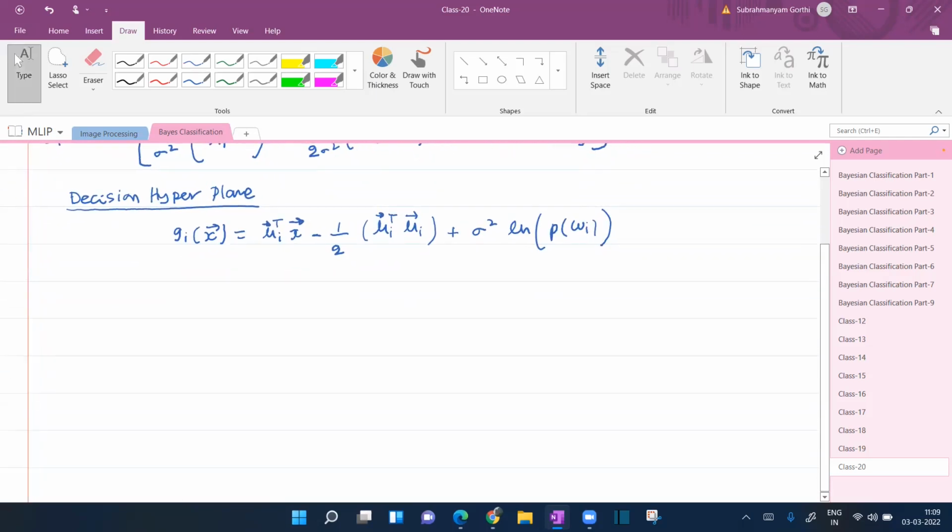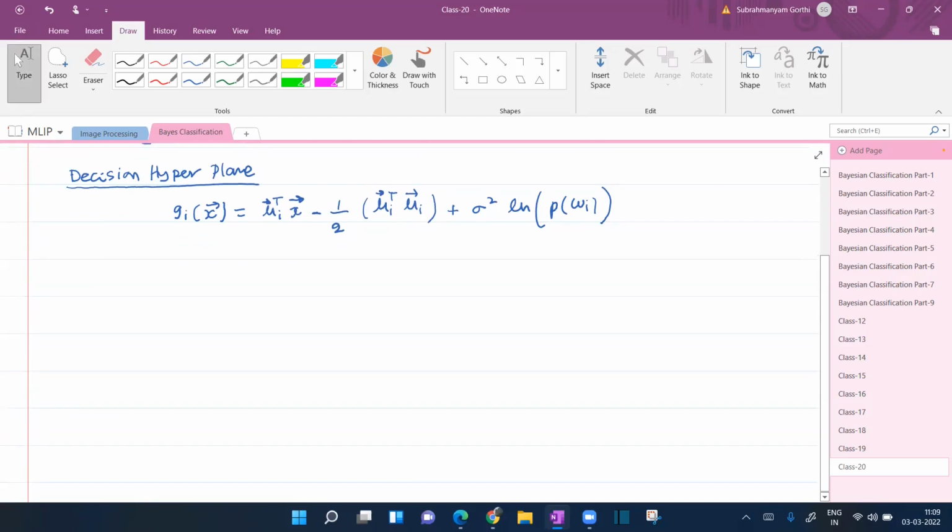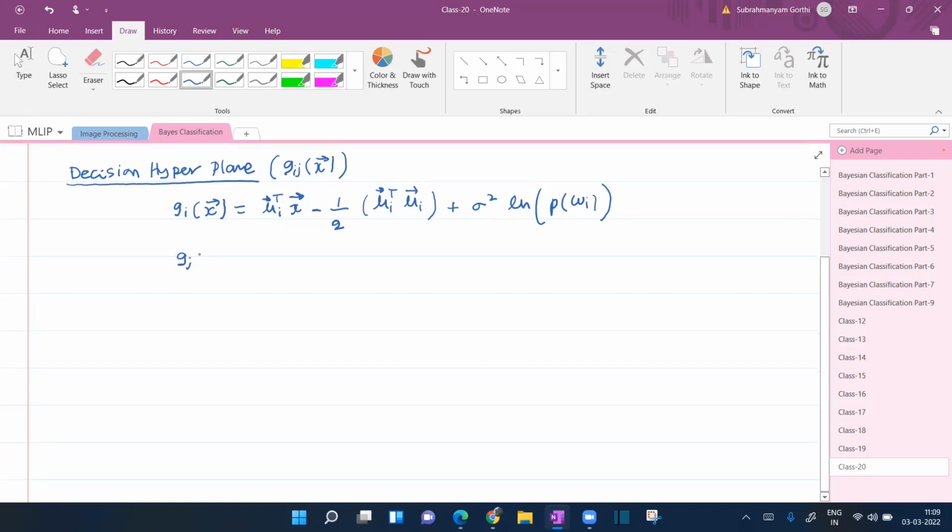I'll go at a little bit accelerated pace, but nevertheless, it is your responsibility to stop me if any of the steps are not clear. Similarly, this is a discriminant function for the ith class. As for the decision hyperplane, I would eventually be computing g ij of x bar, which is nothing but g i of x bar minus g j of x bar.